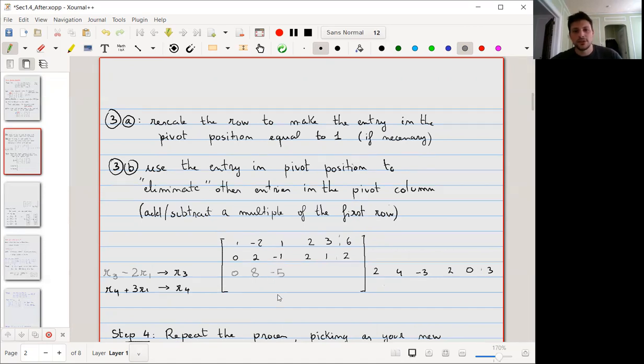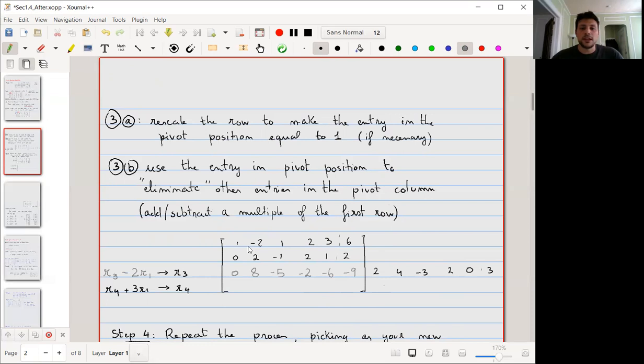That's negative 5. Then we have 2 minus 2 times 2, so that becomes a negative 2. And the last ones are 0 minus 2 times 3, that's negative 6, and 3 minus 2 times 6, that's negative 9.